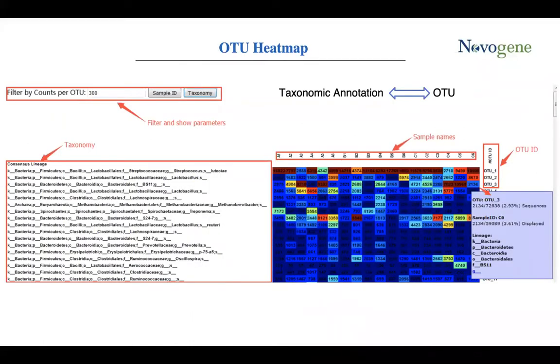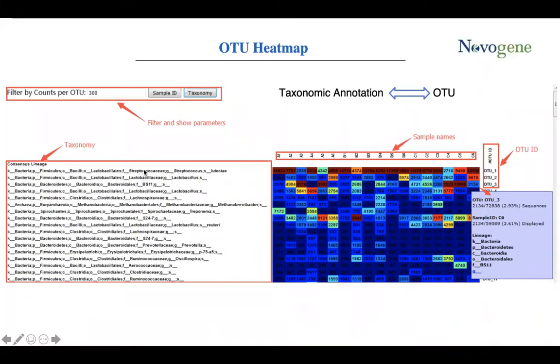In order to quickly and intuitively display the microbial community composition and abundance information in the samples, we would construct this taxonomic annotation corresponding to OTUs, and the results could be viewed in this heat map. So here in the filter above, we could input count value per OTU. When this value is decided, we keep the filter value unchanged and click this sample ID button.